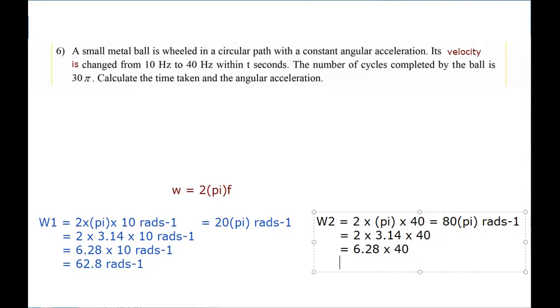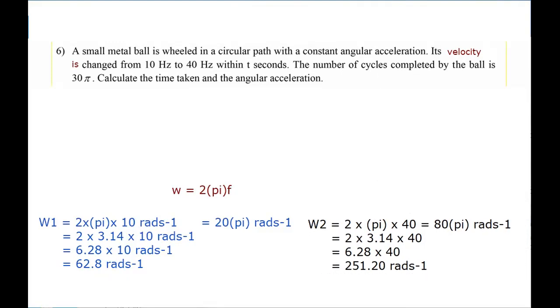If you multiply this, you can multiply all the things by 4 by writing a 0 first. 4 times 8, 32, 3 remaining. 4 times 2, 8 plus 3, 11, 1 remaining. 4 times 6, 24 plus 1, 25. There should be 2 decimal places. That is 251.20 radian per second. Right, so you can keep angular velocity in any of these formats. Write them all here.